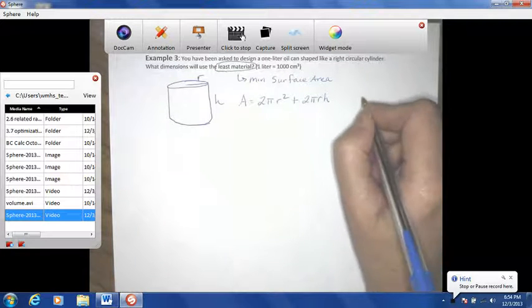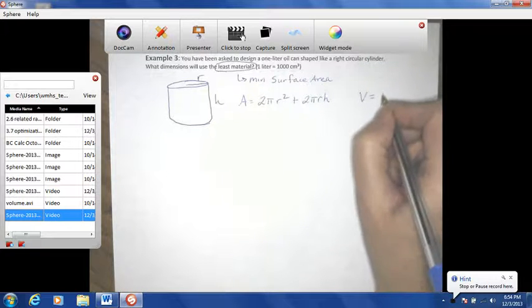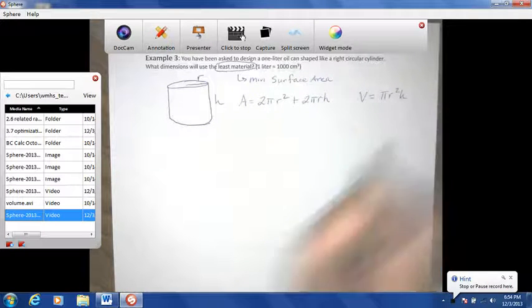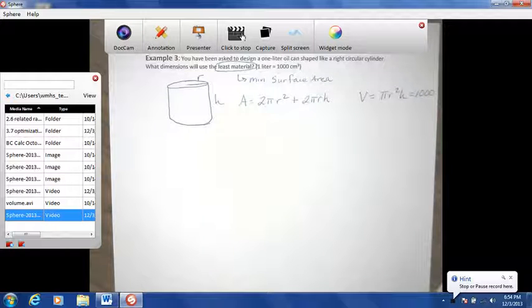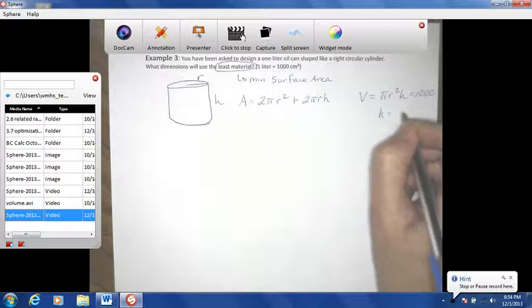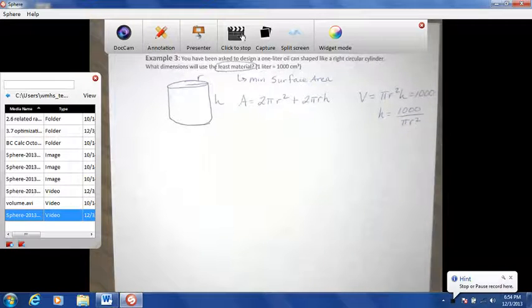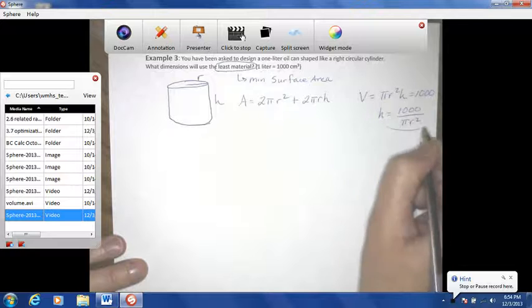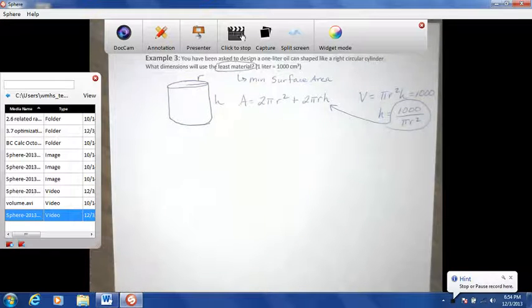The volume of a right circular cylinder is pi r squared h, and it has to be 1,000 cubic centimeters. So I can solve for h, which is 1,000 divided by pi r squared, and then substitute that into my primary equation.